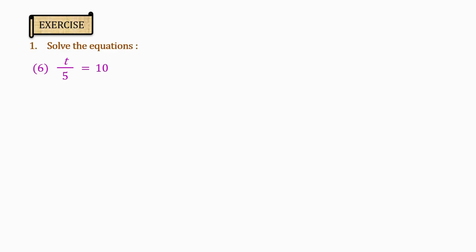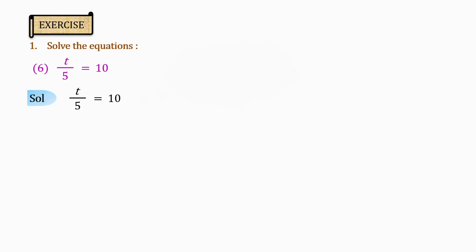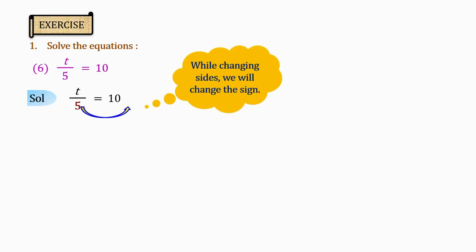Now another problem. t by 5 equal to 10. Variables on one side and numbers on the other side. So we will shift 5 in the denominator to the other side. While changing the sides, we will change the sign as well.